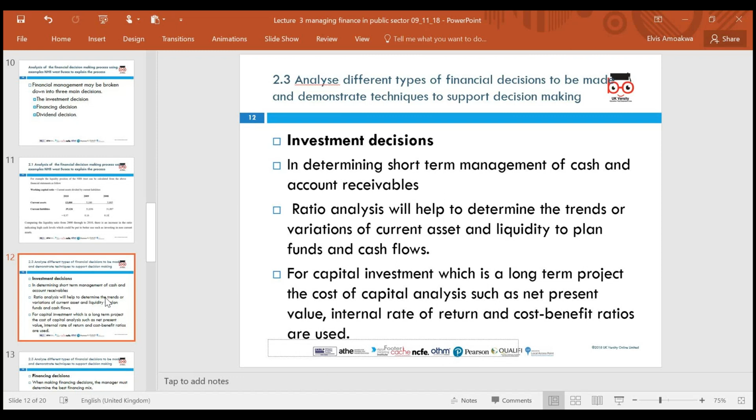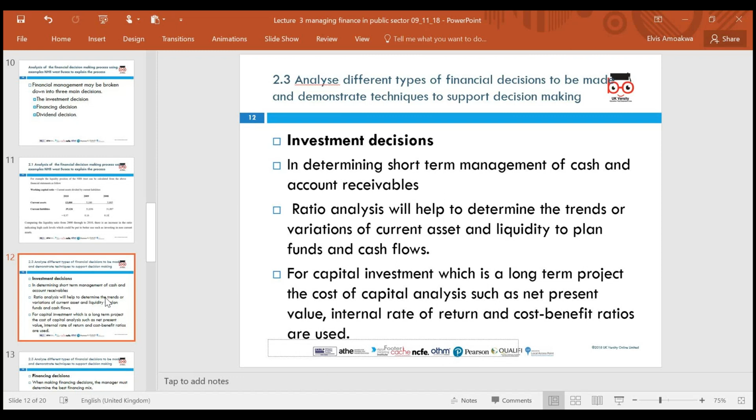If you are taking investment decision in general, in determining short-term management of cash and account receivable, that is the investment decision.